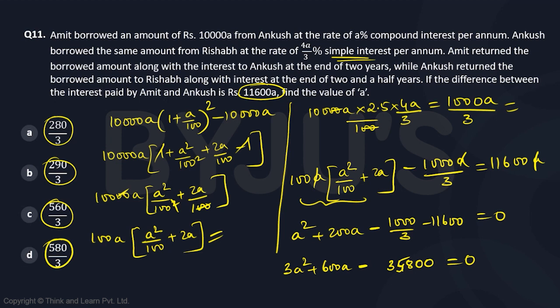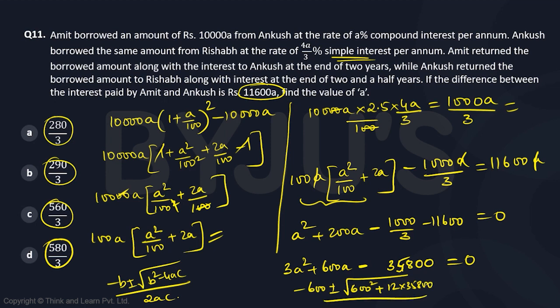But yes, once you've done till here, you can use minus b plus or minus root of b square minus 4ac. Use your calculator. Get your answer for A. There will be two possibilities for A. One will be positive, one will be negative. Let me quickly use the calculator for that. So this will be minus 600 plus or minus root of 600 square plus 4 3s are 12 into 5800, by 2a, which is 6.